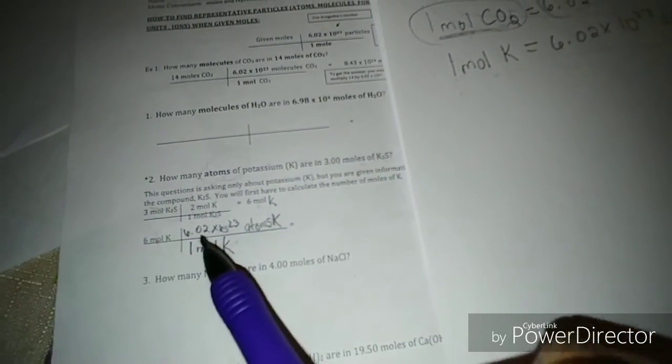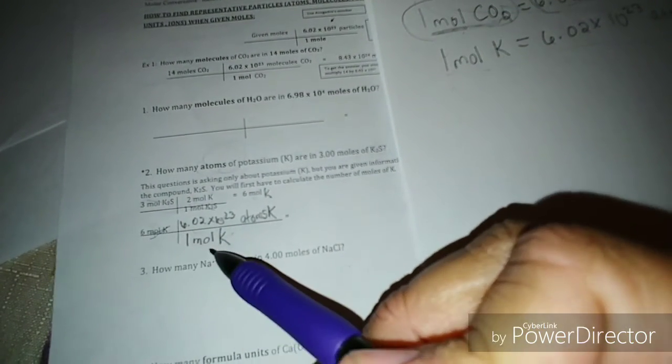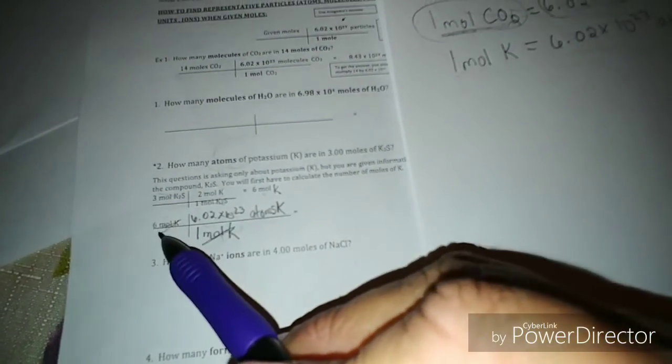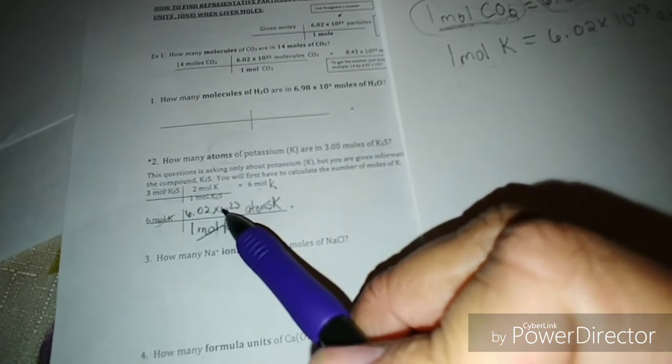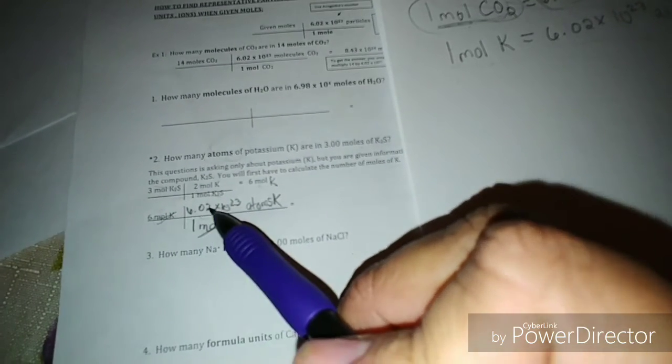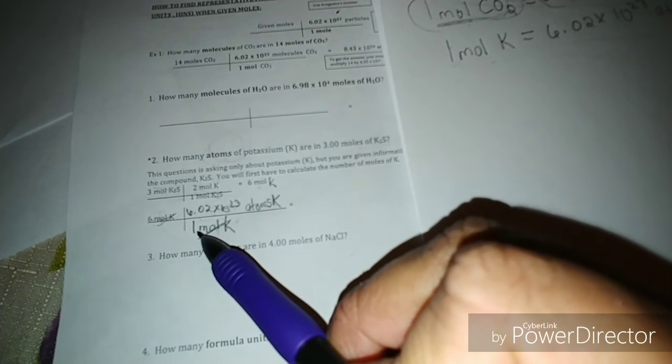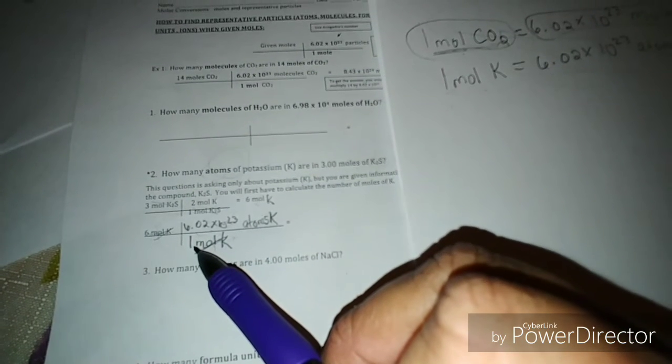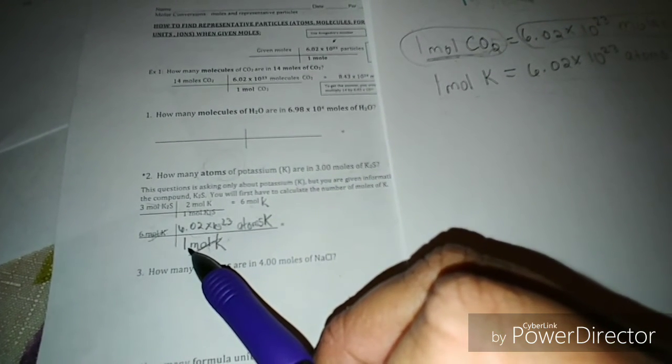Okay, so atoms of K. All right, so this unit cancels with this unit, and now we have the number 6. We're going to multiply because it's side by side by Avogadro's number, and we're going to divide by 1. So just the same way you did on the calculator before, you're doing the same process.